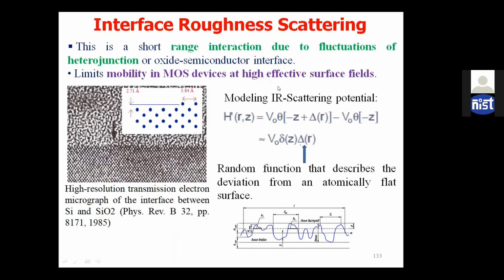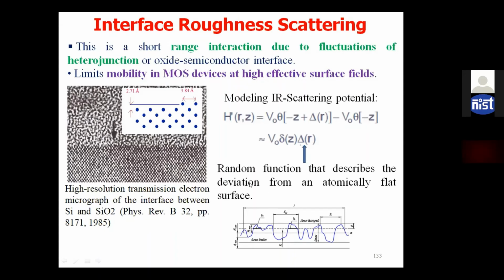So we can model this IR scattering potential. We can model this by this, where V0 is the potential height at the barrier. Z is the position, and due to this interface roughness, there is a random function that describes the deviation from an atomically flat surface.